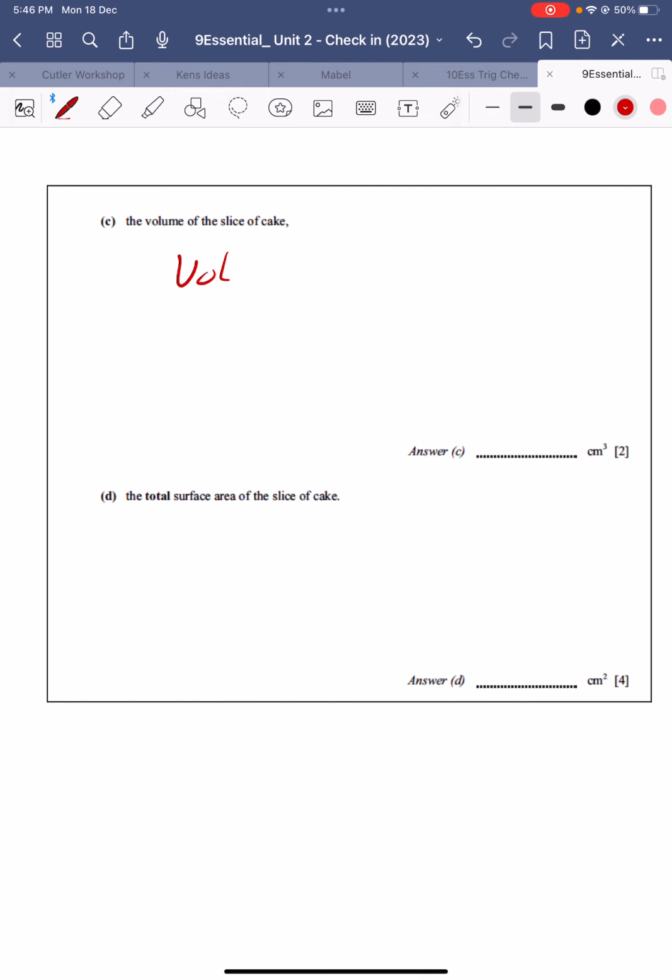So volume equals cross-sectional area times by the height or the length, and that was the 37.7 times by the 3. And so I'll do it with my calculator. That's approximately 113 to 3 sig figs.